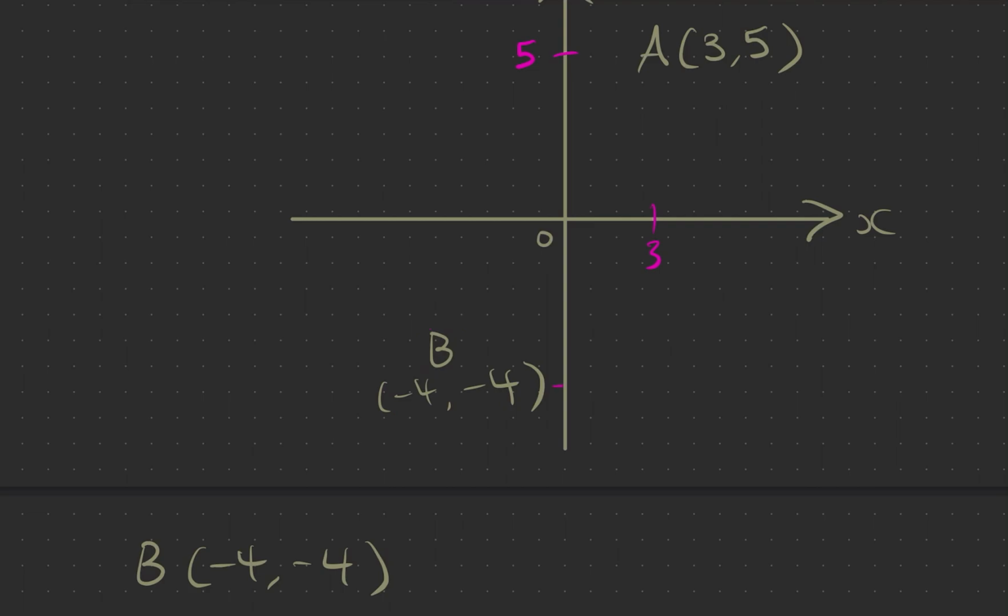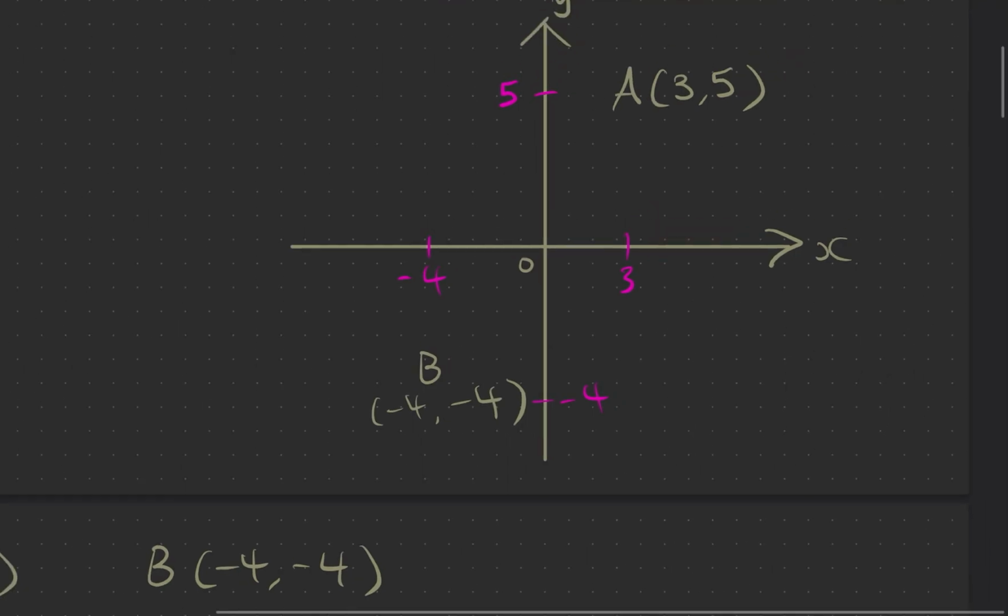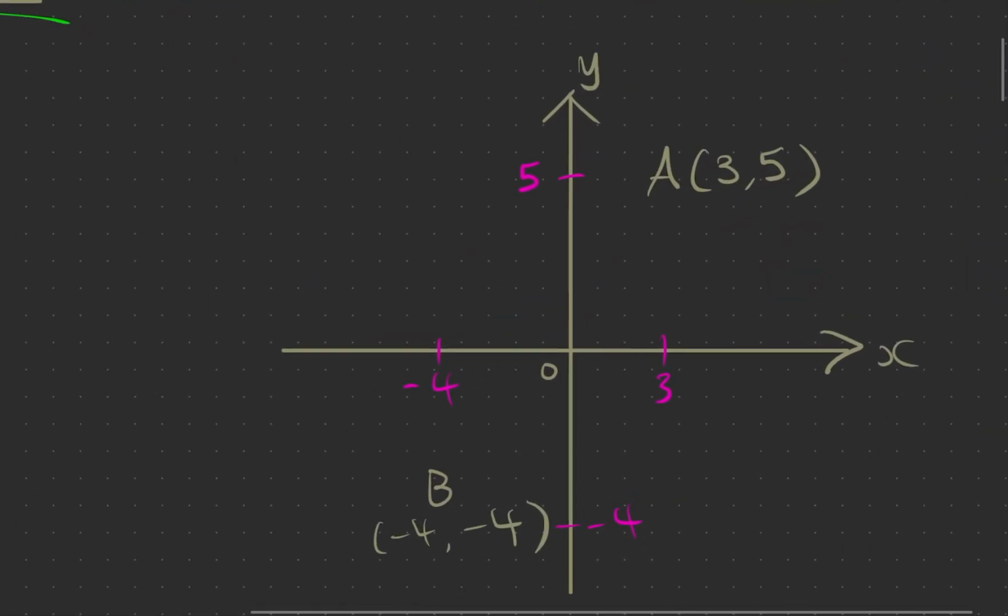So it's just one -4 here and a -4 here. Alright, this graph is not drawn to scale, yeah? Just a rough sketch. I want to find the distance between A and B. So that's just the length AB. So how do I do that exactly?